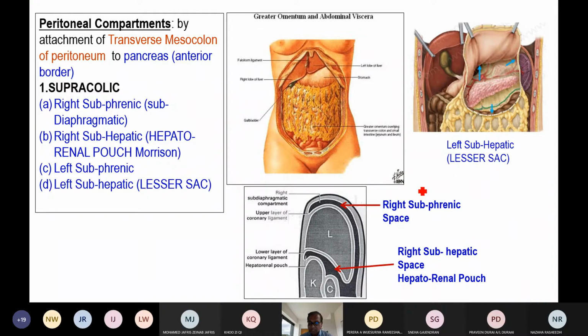And you all know that liquid or fluid happens mostly in the post-operative period or if there is any intraperitoneal trauma or injury. So we divide the compartment from here.